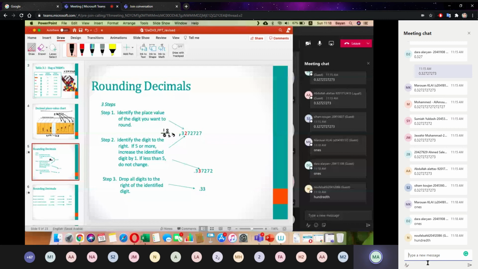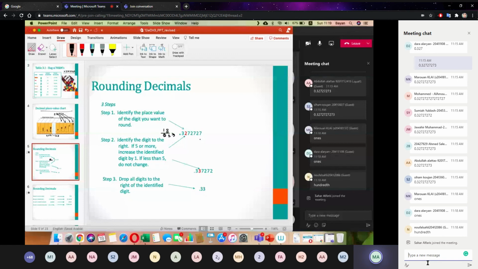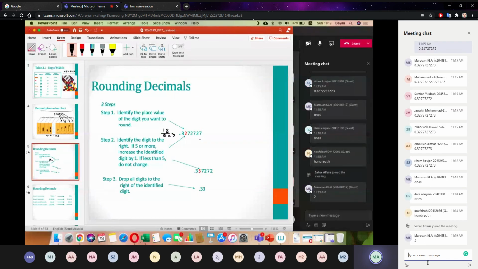It's a long value here. We should make it rounded to the nearest hundredth. Round your value to the nearest hundredth. What is hundredth here? Number 2.